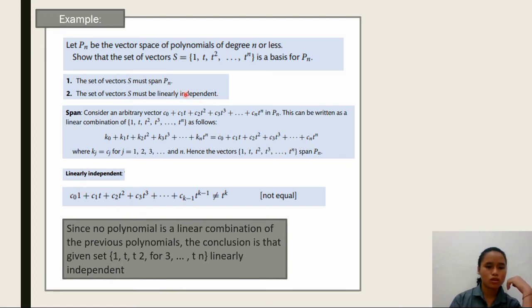Since no polynomial is a linear combination of the previous polynomials, the conclusion is that the given set, or vector set S, is linearly independent.